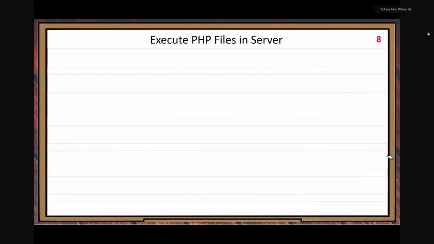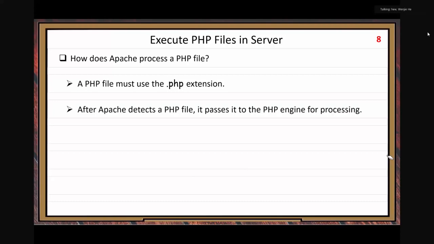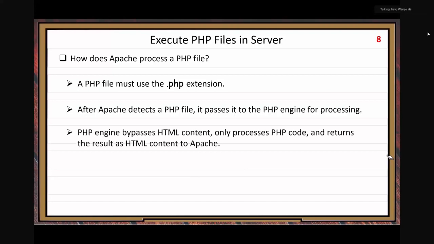Next slide: execute PHP files in the server. Some more detailed information. How does Apache process a PHP file? We mentioned a little bit. First, a PHP file must use the .php extension. After Apache detects a PHP file, it passes it to the PHP engine for processing. The PHP engine bypasses HTML content, only processes PHP code, and returns the result as HTML content to Apache.